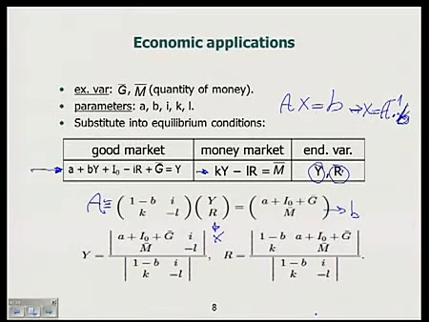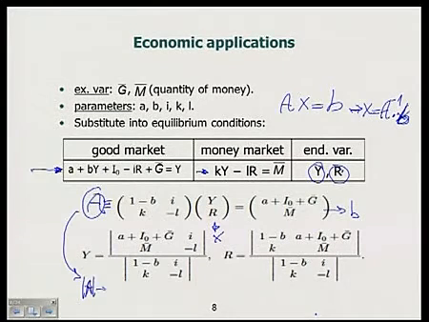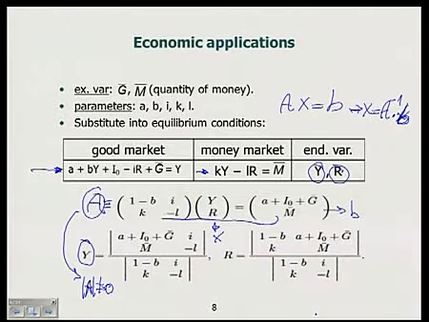Then we require that this determinant must not be 0. This is not 0. And then we build, using Cramer's rule, this quotient. Then we substitute this element in the first column to evaluate Y. This is the first variable.